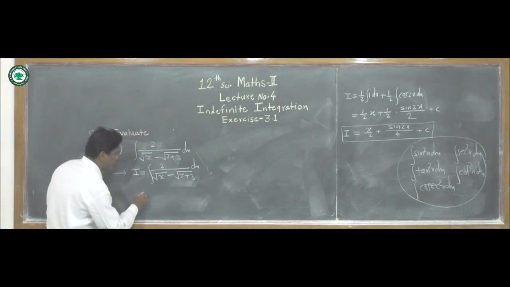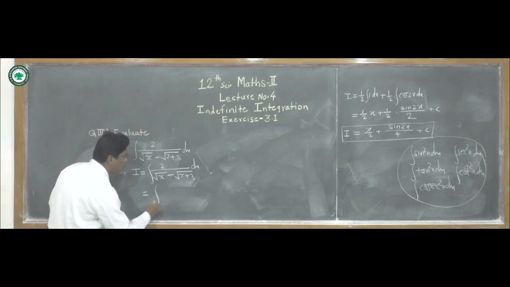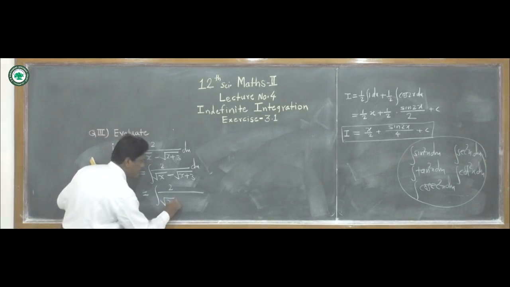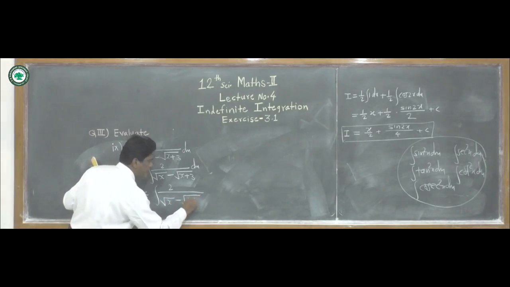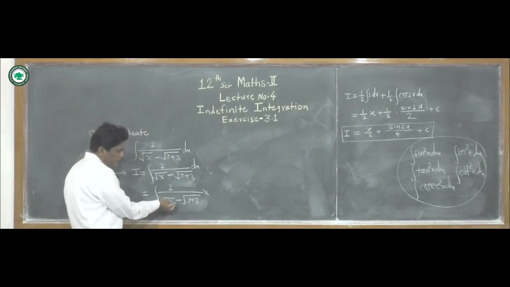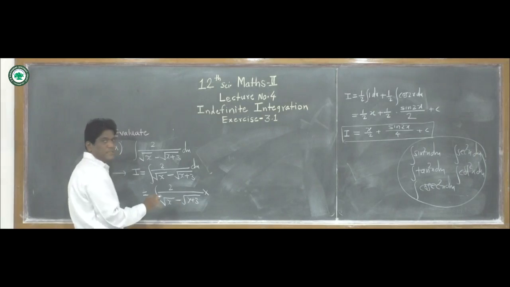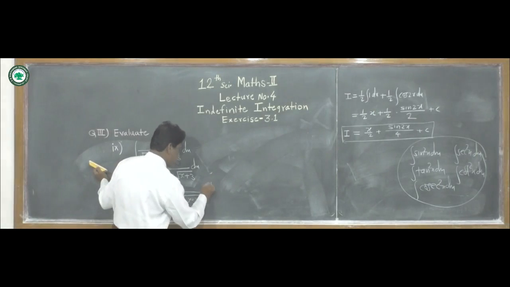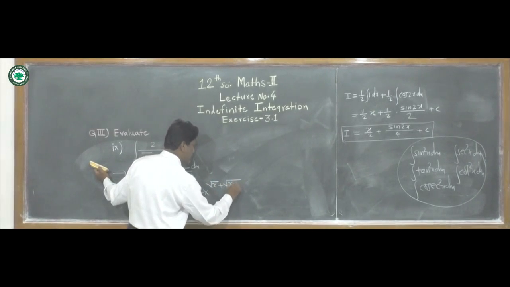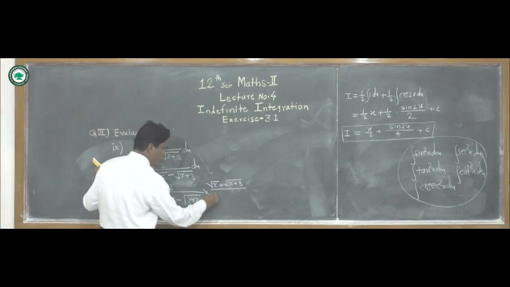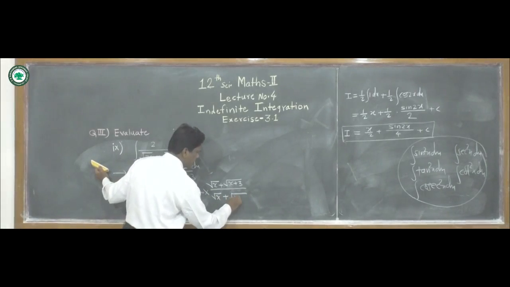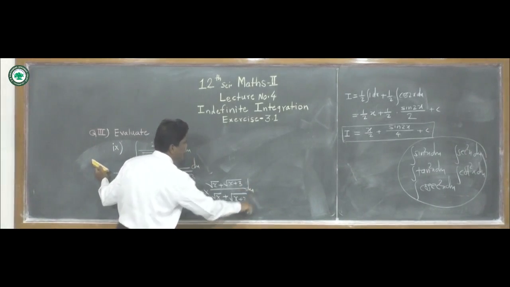And therefore we write this is equal to the integration of 2 upon root x minus root of x plus 3 as it is, and multiply it by root x plus root of x plus 3 divided by root x plus root of x plus 3 dx.